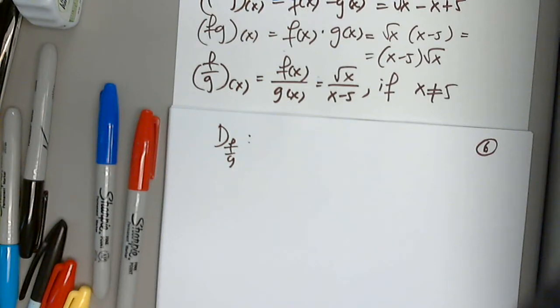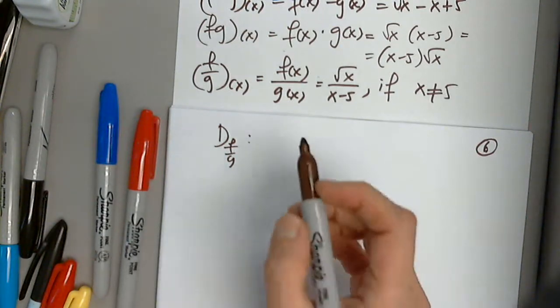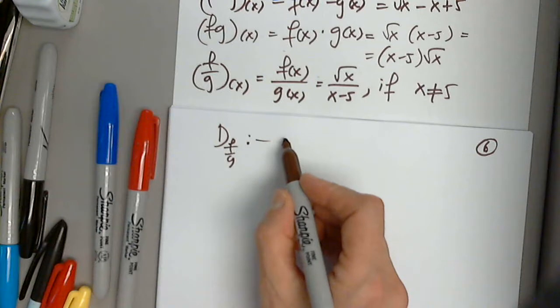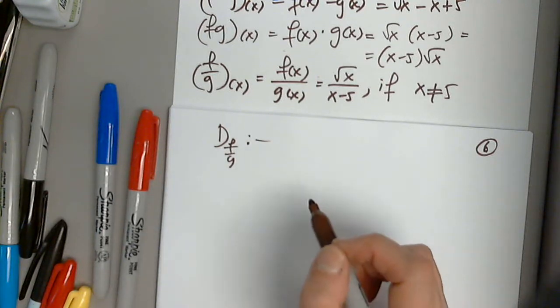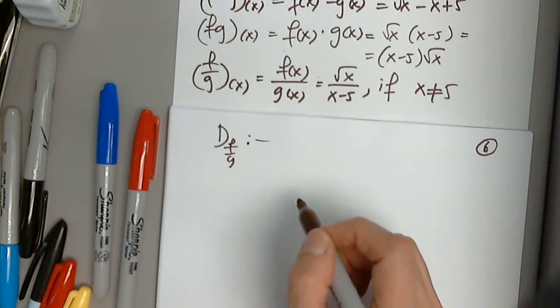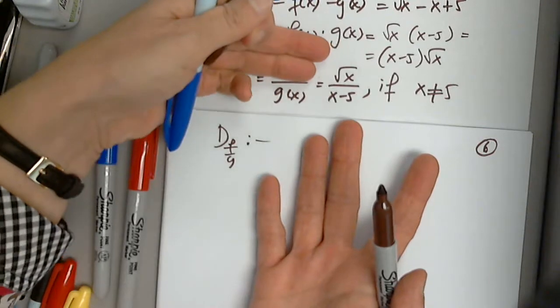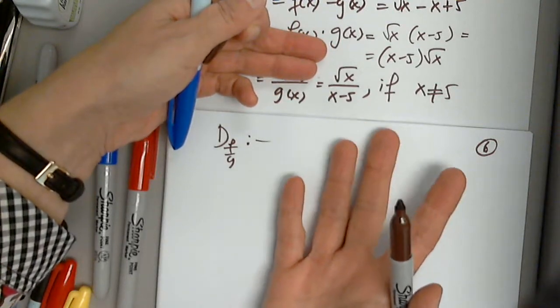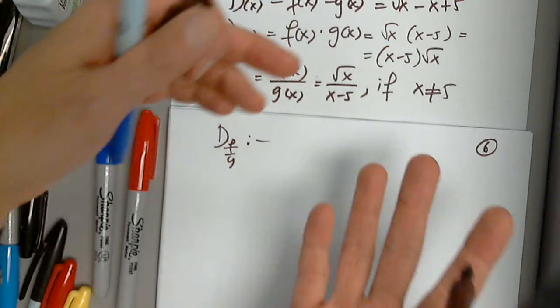So can anyone give us a domain of the ratio? We would be tempted to write negative infinity to 5, union 5 to infinity, correct? Okay, so let me make a note.